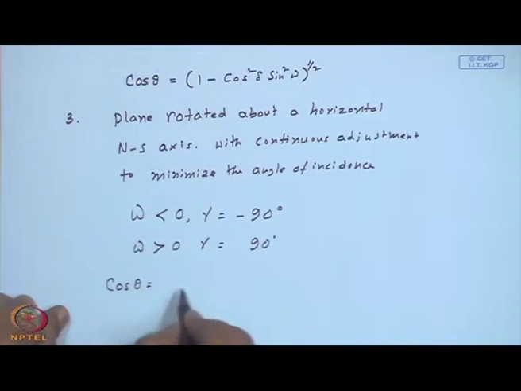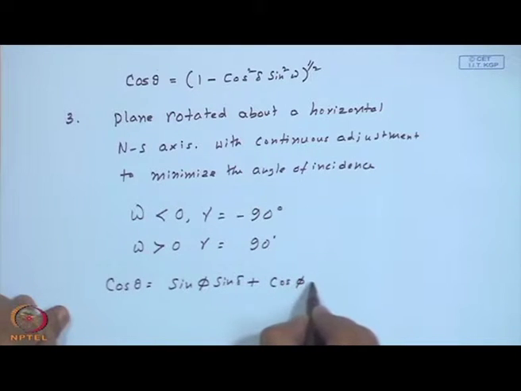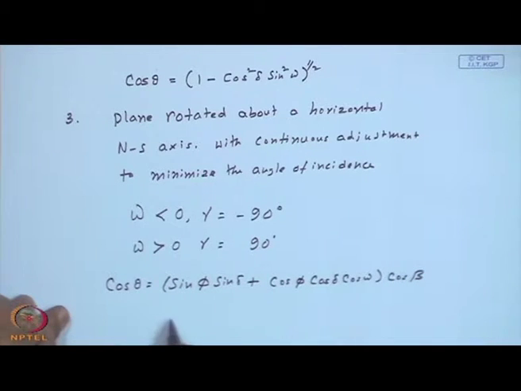gets simplified from our general equation, that cos theta is equal to a plus b cos omega plus c sin omega. That simplifies to whatever I am writing down over here, times cos beta minus cos delta sin omega sin beta.